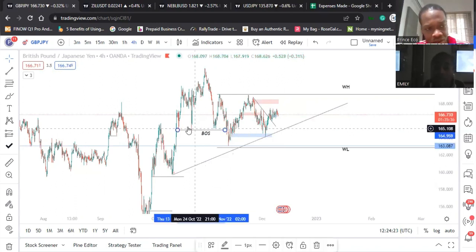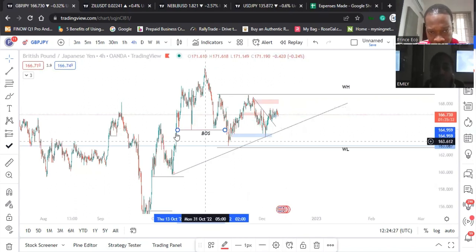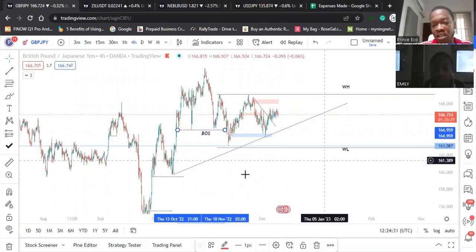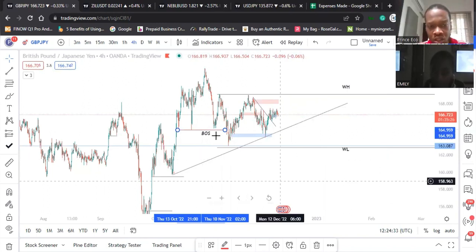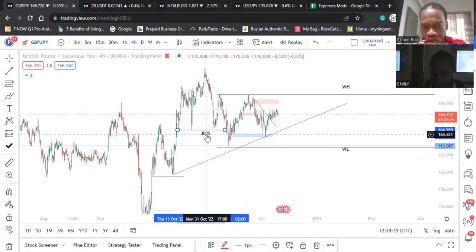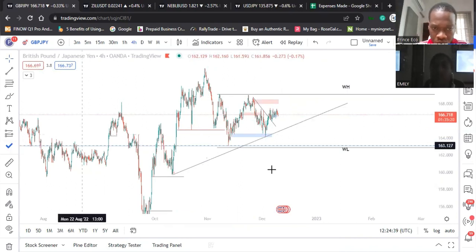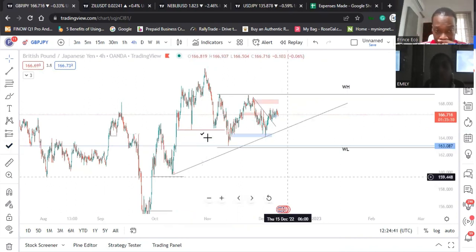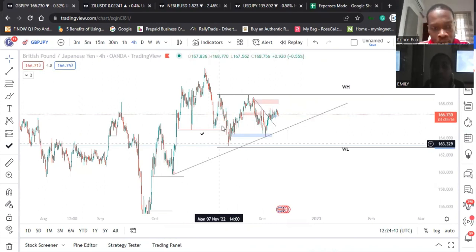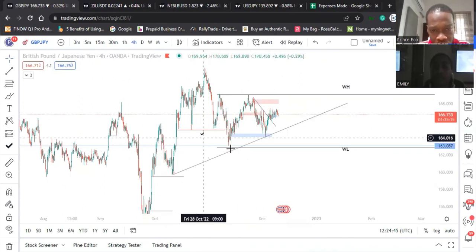Let me change this line to red. I like using red for my liquidity, whenever there's liquidity. Then I like using black when it's an equal low or just a normal trend line. So I'll change this BOS to a liquidity sweep. The market already swept out the liquidity here.